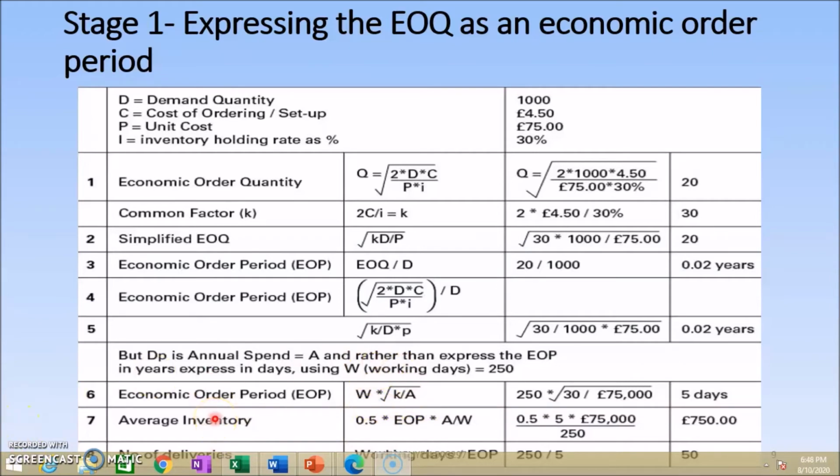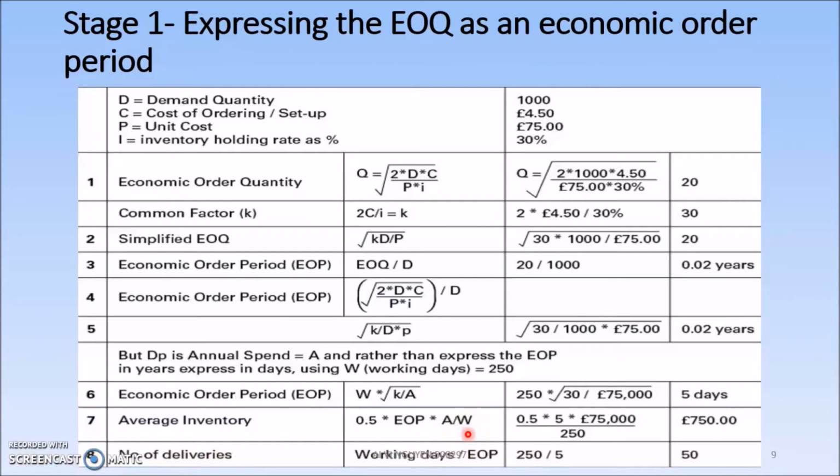So when we have the economic order period, we can easily calculate the average inventory by 0.5, meaning the average inventory is half of the lowest and highest inventory levels, multiplied by the economic order period, and then multiplied by spending per day, so annual spend divided by working days.